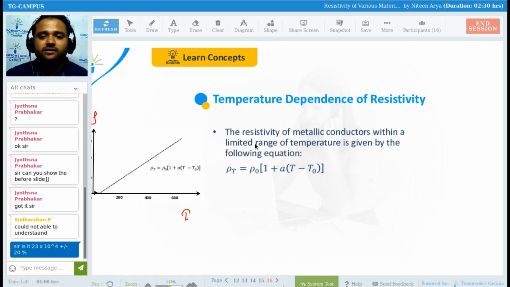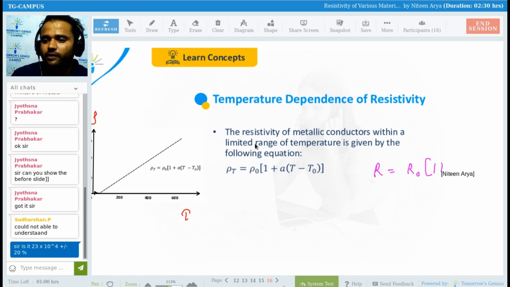So the temperature dependence of resistivity, where it came from: as we know, the resistance also, R equals R naught times 1 plus alpha times T minus T naught. What is T naught?